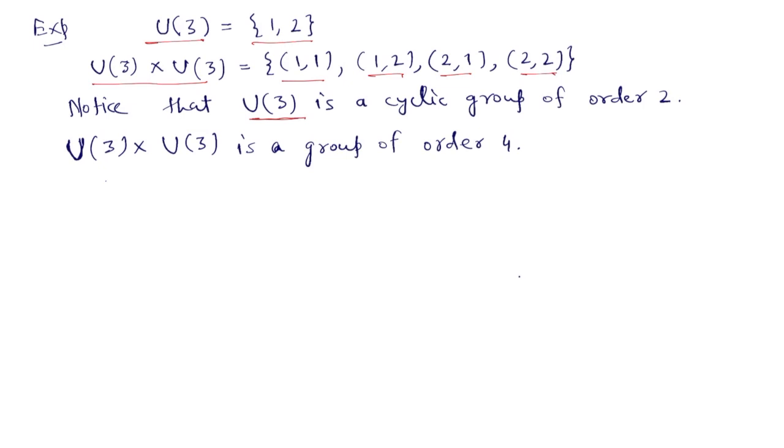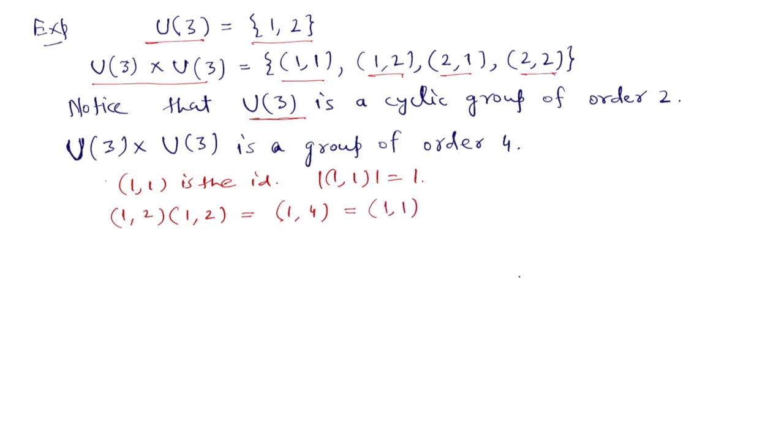Now let us check what are the orders of the elements of U3 cross U3. So (1, 1) is the identity of U3 cross U3, so the order of (1, 1) is 1. If we multiply (1, 2) with itself, we get (1, 4), but modulo 3, 4 is 1, so it is (1, 1).